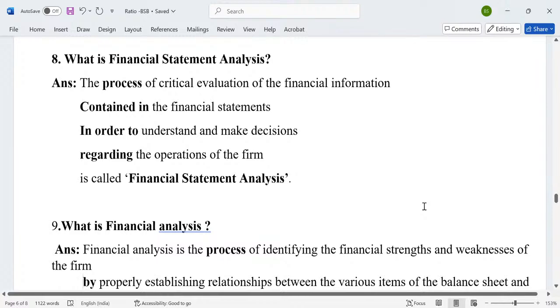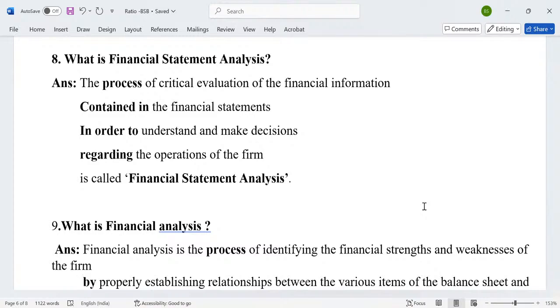What is financial statement analysis? As I already told you, analysis means simplification of financial data. Now, what is financial statement analysis? It is a process, meaning a series: step 1, step 2, step 3 like that.